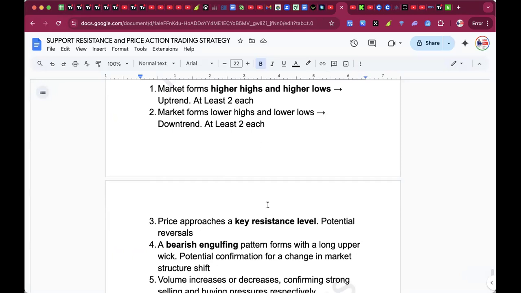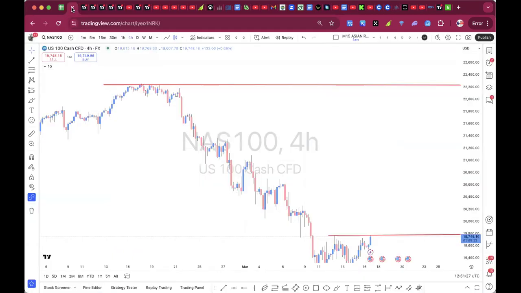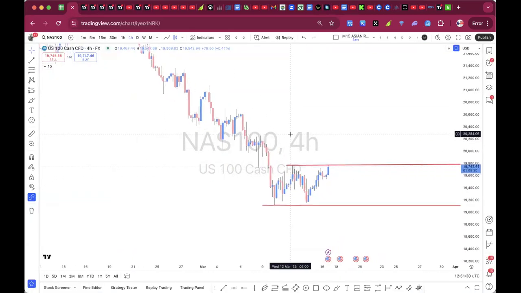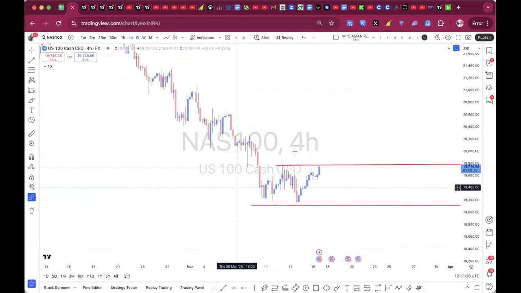Price approaches a key level, a potential resistance level, especially on 1 hour. So on the daily time frame, key level: you can see what I've just marked here are 2 places majorly, down here and here. Maybe when you come for the day, this is a liquidity area and this is a key level area.